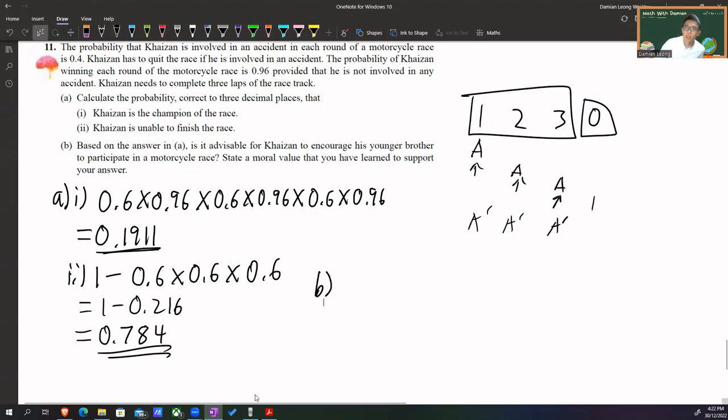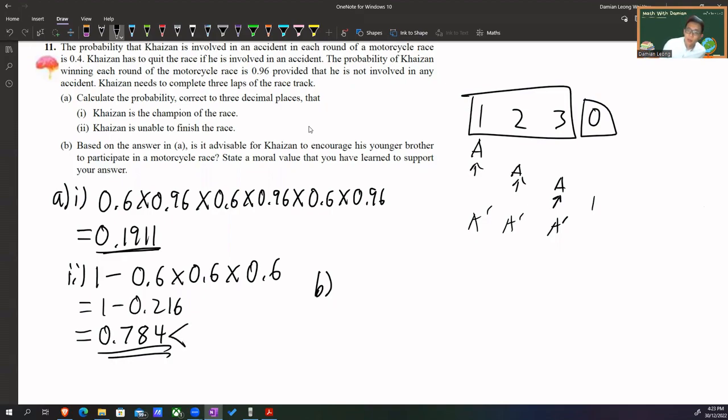So part B, based on the answer in A, is it advisable for Kaizan to encourage his younger brother to participate in a motorcycle race? Okay, so that means he knows the probability of him getting into an accident.